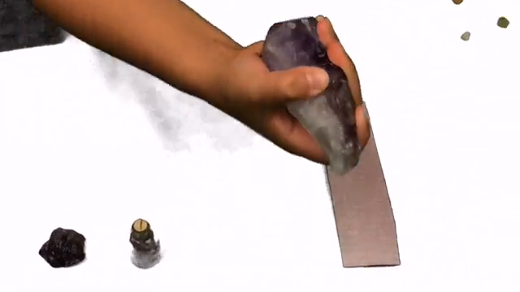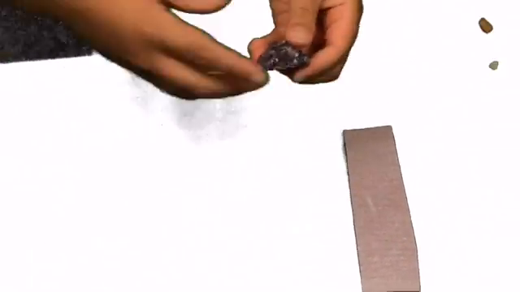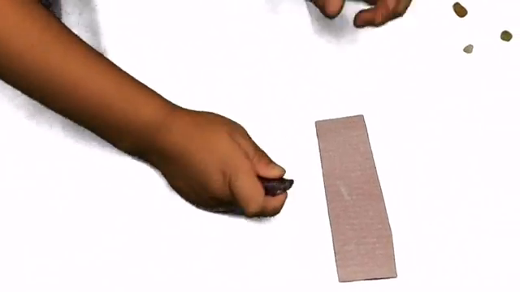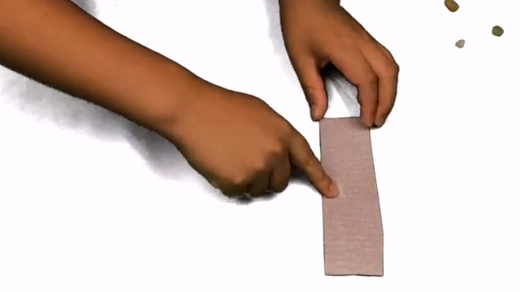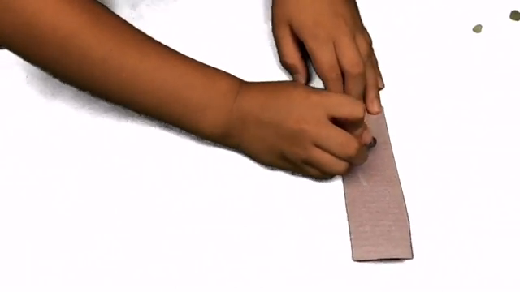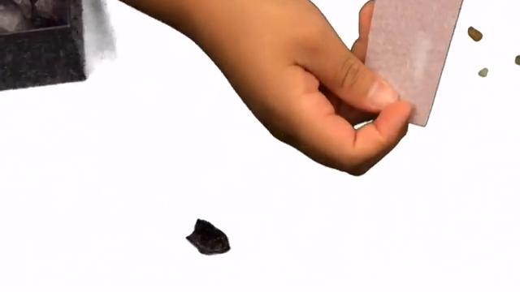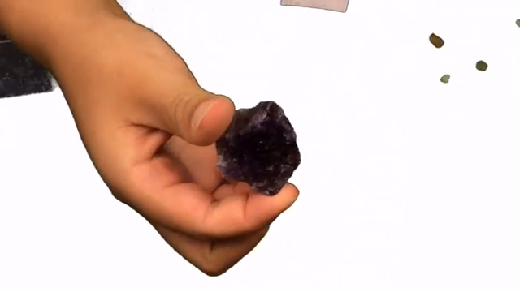Here we got a big bit of amethyst and a little bit of amethyst in a bottle. The amethyst we're going to scratch is right here. Let's scratch it. This is the topaz, so I won't do it near so we know the difference. This is also white. One reason for this is that this is actually just quartz with iron inside it.